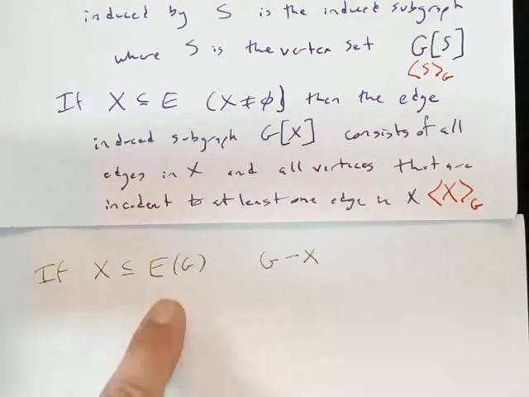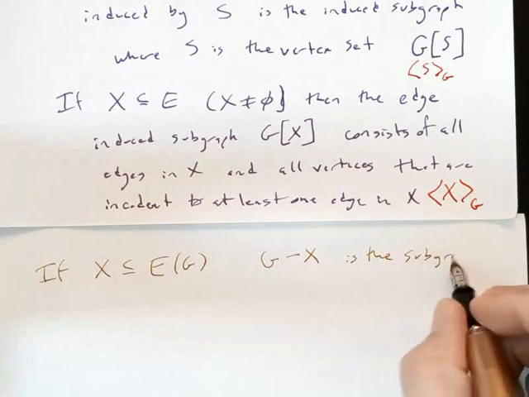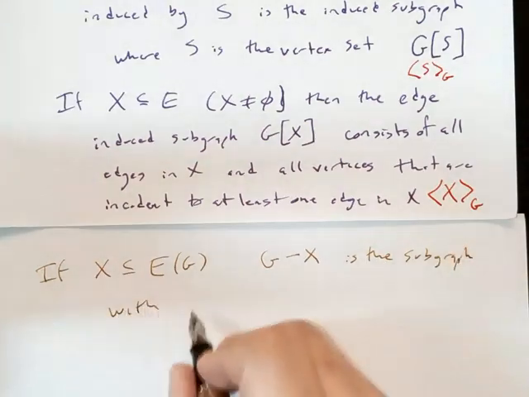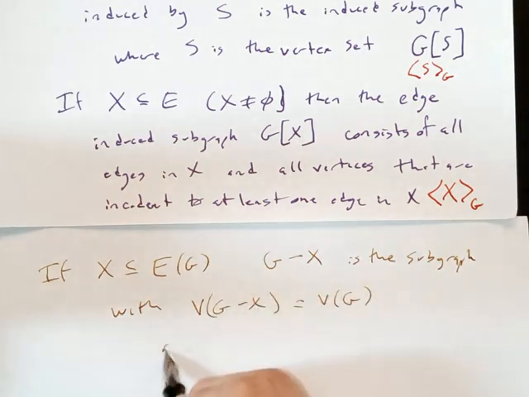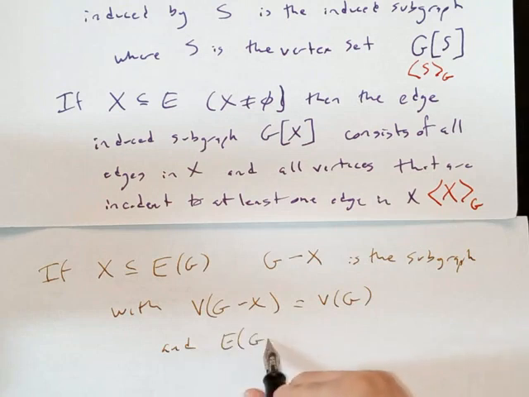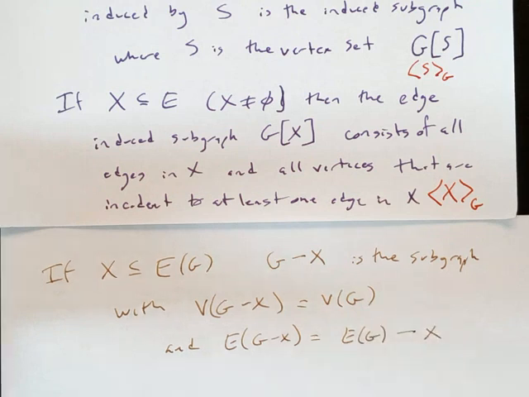I take any subset and I throw them away. If you actually give me a list of edges that these are the ones you want to throw away, I could use a set bracket here and list all of those edges individually.